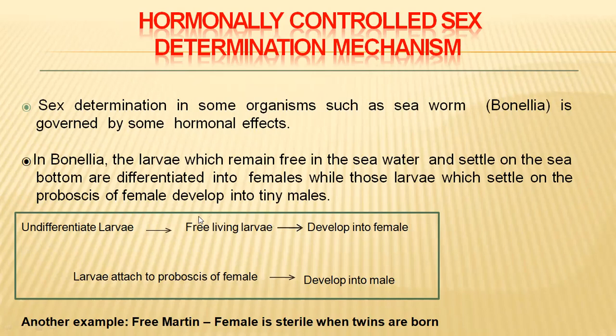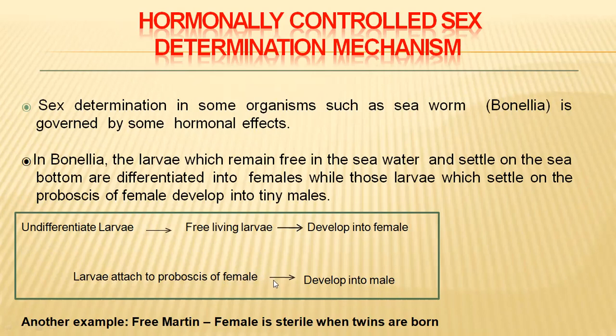The larvae that live freely will develop into females. And some larvae choose a parasitic life and attach to the females, usually to the proboscis of the female. Such parasitic larvae develop into males.